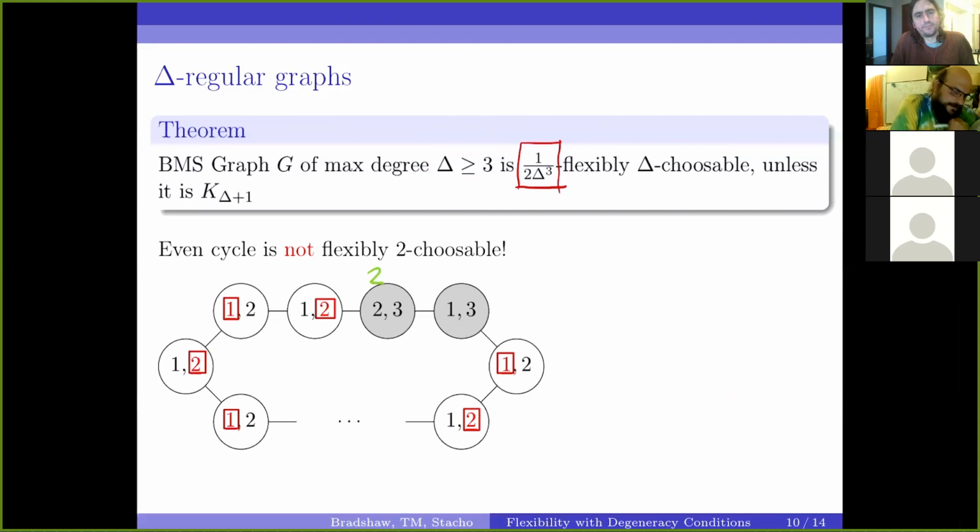One option is to choose color 2 here, but then this is in conflict with this preference, and it cascades to all other vertices. So by choosing 2 here, we are not satisfying any request anywhere.